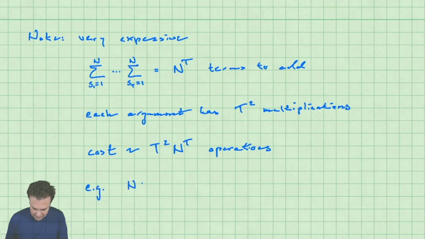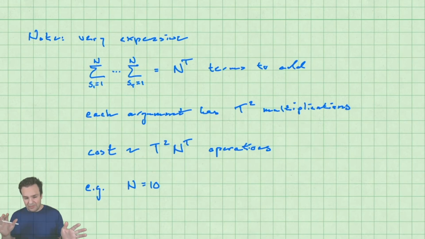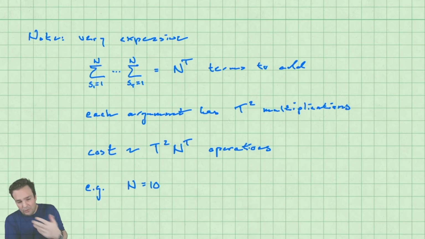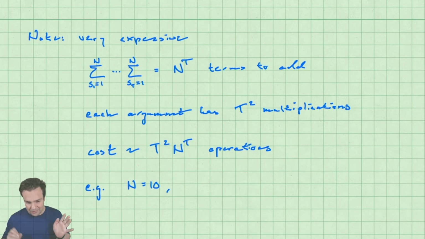Let's suppose you had N equals 10. That might seem kind of elaborate. So that means your hidden Markov chain has 10 different possible states, and most of the ones we were talking about in the motivational stuff only had a couple. So this may be a little high, but maybe not. Maybe those were my lame examples, and there are a lot better ones out there. And let's suppose you had 16 time steps.